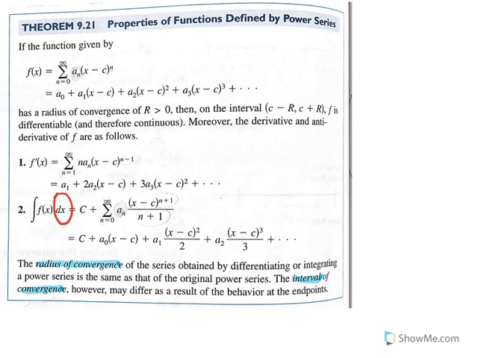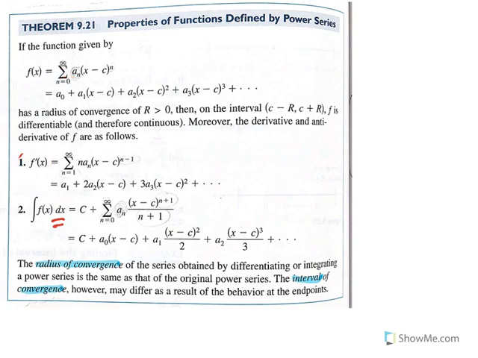So not n, but x. That's important for you to understand. The n is just the index for the summation that you have, but the variable of integration and differentiation is x.